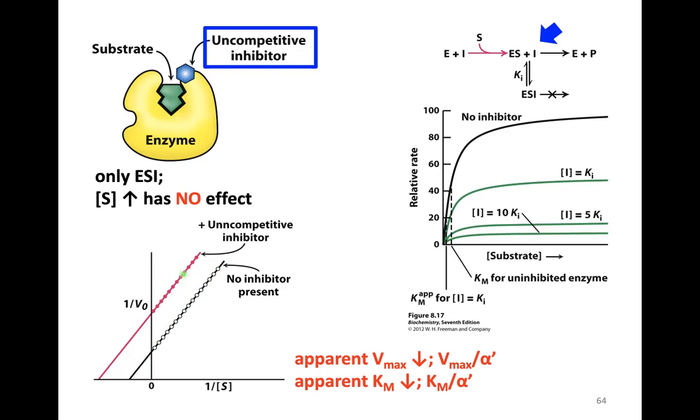And when we have the presence of an uncompetitive inhibitor, that's a typo, I never realized that, it forms a parallel line, okay? And so we can see that Vmax, again, as you get further away from the origin, the value goes down. So we can see that the apparent Vmax decreases and the apparent Km also decreases. And the characteristic shape is that these lines are parallel to one another.